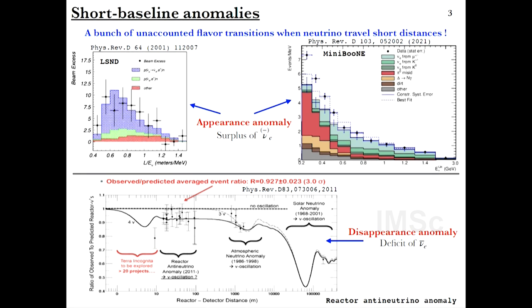If you see this 3 neutrino curve, which represents the standard model of neutrinos, the P nu E to nu E will start deviating from 1 only after they have reached 1 kilometer. But if we have an additional sterile neutrino, then those oscillations can kick in at much shorter distances, of the order of 10 meters away from the reactor core itself.